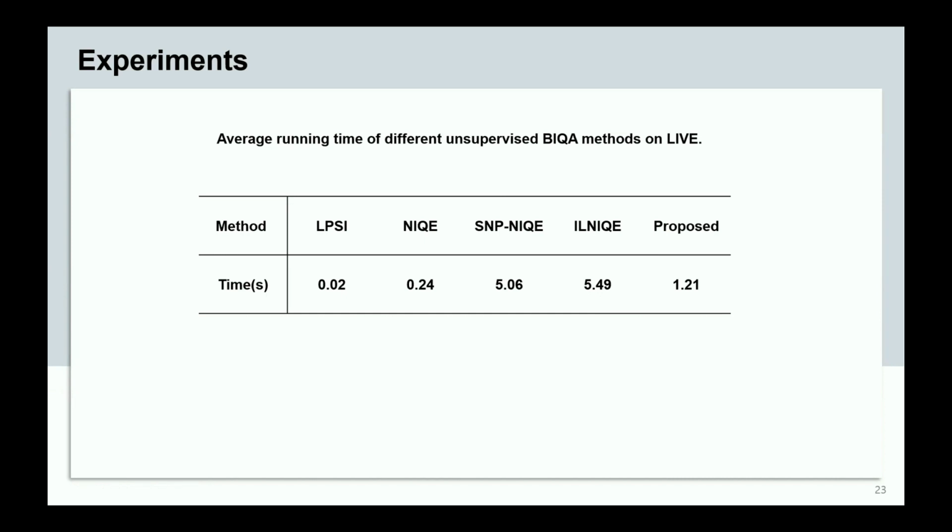The average running time of LPSI is very short, like 0.02, but its accuracy and generalization ability are limited. The proposed method has the highest results on 5 databases on a weighted average. The generalization performance and running time are competitive.